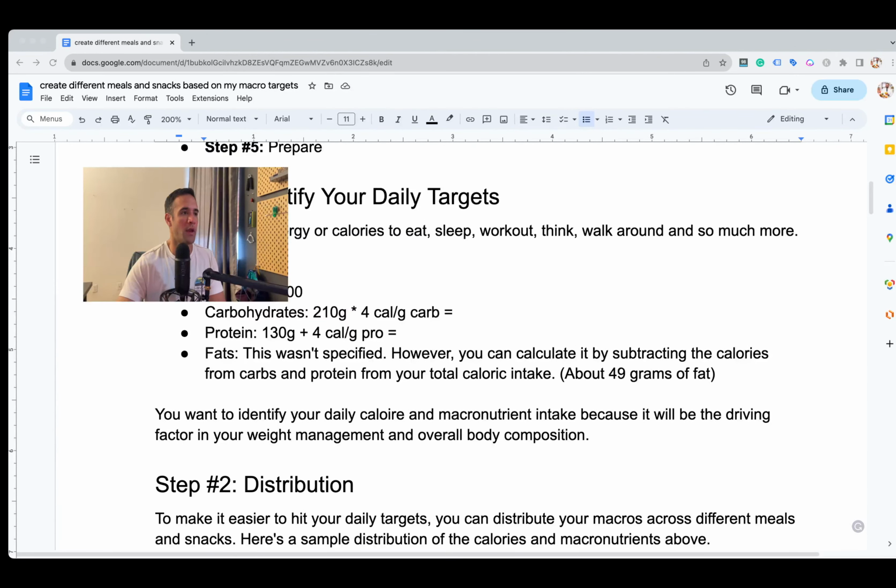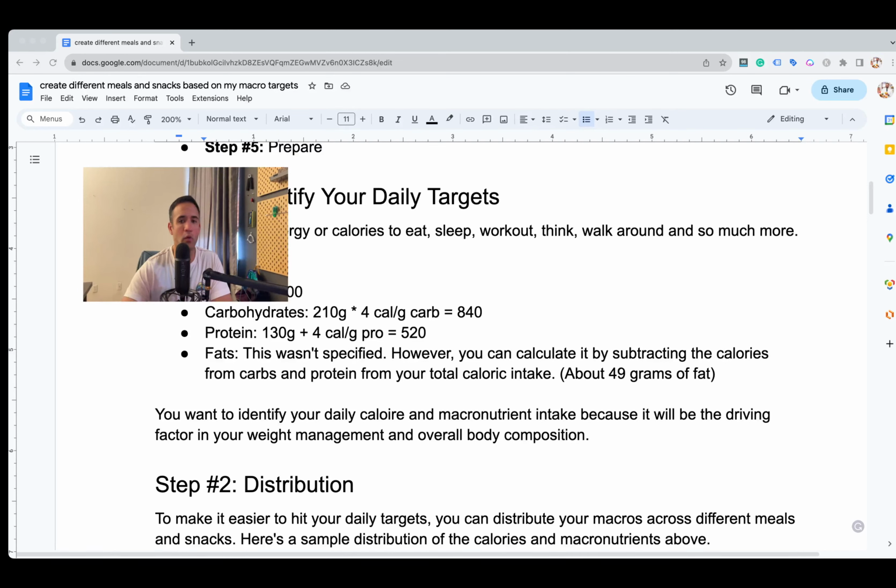So 4 times 130 equals 520 calories. And then we have carbs, 4 times 210, which is 840 calories. Then we can add those two numbers together and use that to justify this 49 grams of fat, which I'll explain in just a minute.